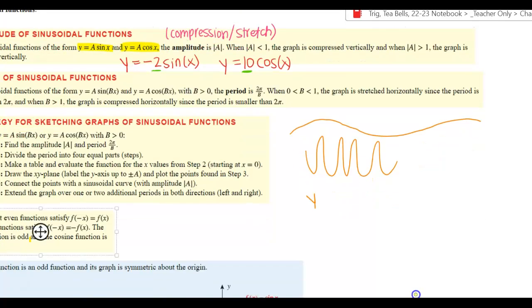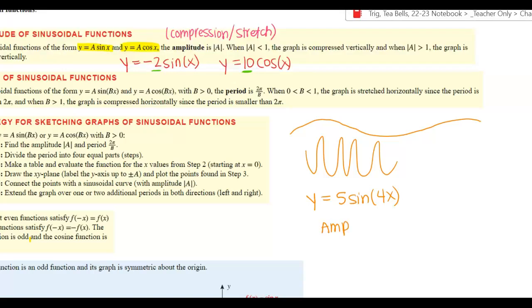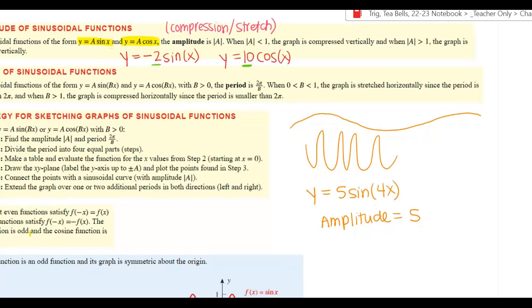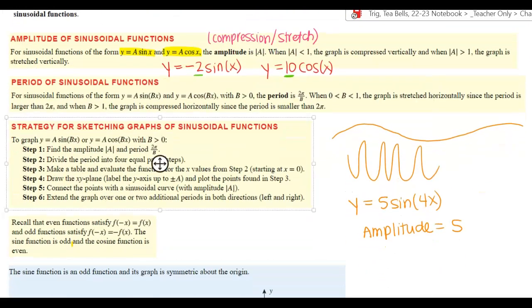If we looked at a function like y equals 5 times the sine of 4x, our amplitude is going to be the 5. That's changing how tall the graph is. But our period is also changing because we're multiplying on the inside of our function.